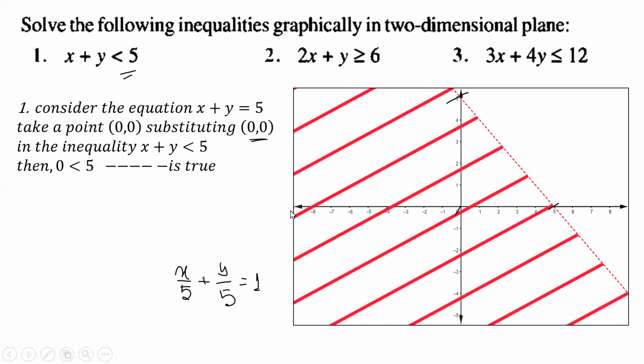So how to find the region? Just put 0, 0, that is x equals 0, y equals 0. If it is satisfying the inequality, then the region should be towards the origin, or if it is not satisfying the inequality, then it will be opposite of the origin. So the shaded portion is the solution region for x plus y less than 5.